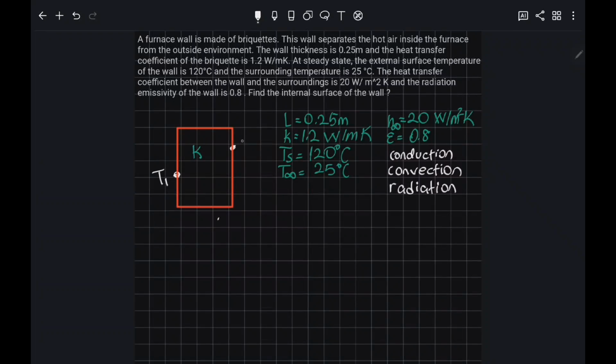Since the external surface of the wall and the surrounding temperature are different from each other, we can say that there is radiation heat transfer here.